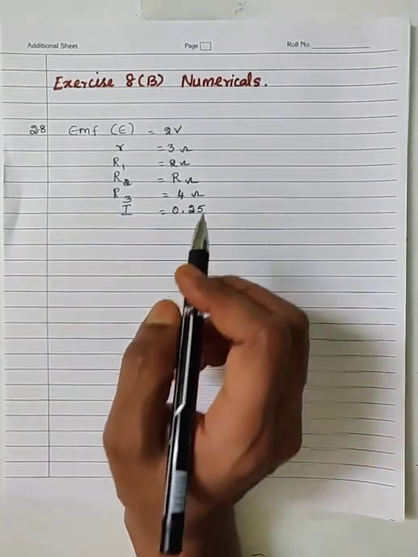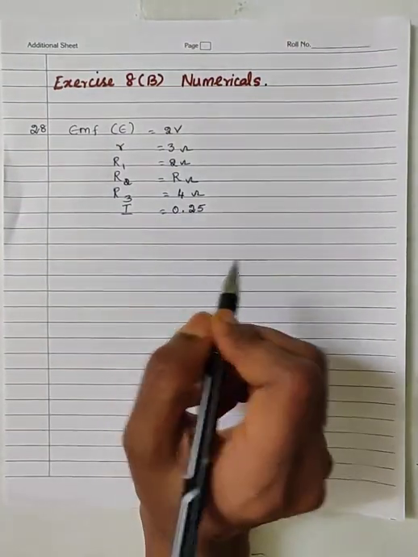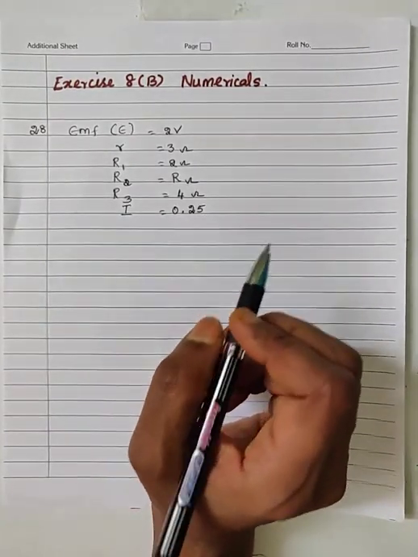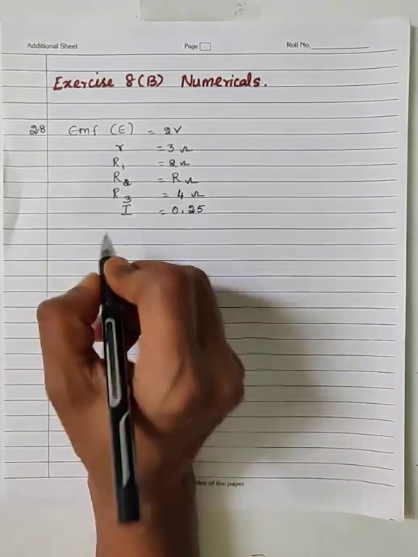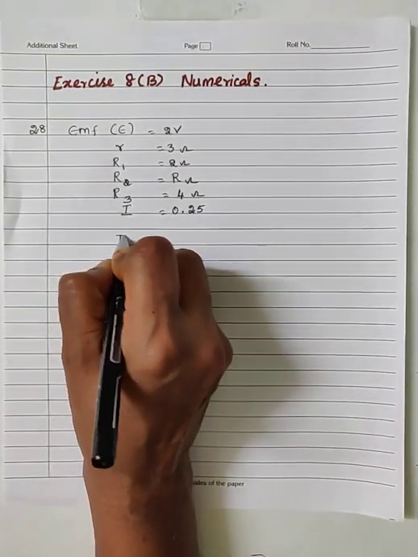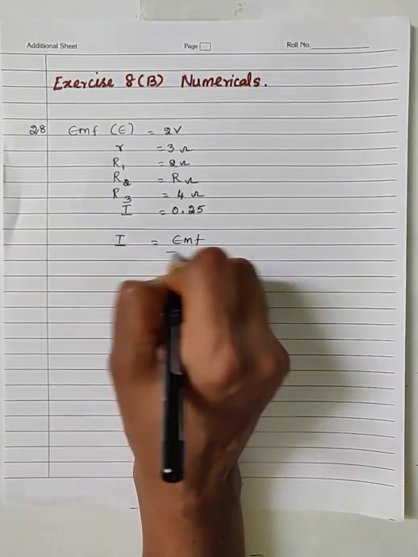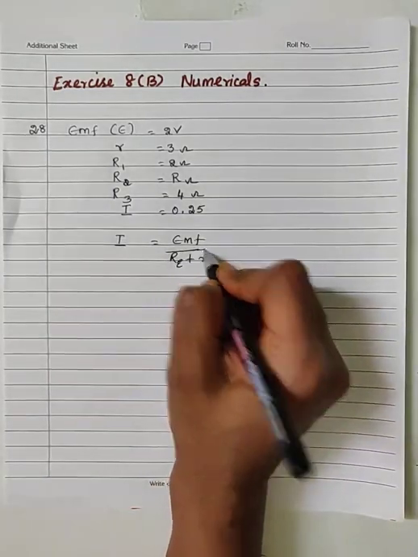Now you are asked to calculate the potential difference across the 4 ohm resistor. First, in the circuit diagram, the current is given, EMF is given. We know the relation connecting current and EMF. The current drawn from the cell, I, is equal to EMF by external resistance plus internal resistance of the cell.